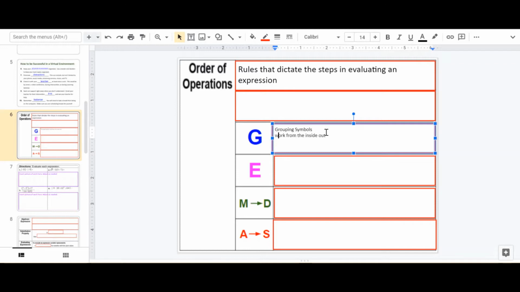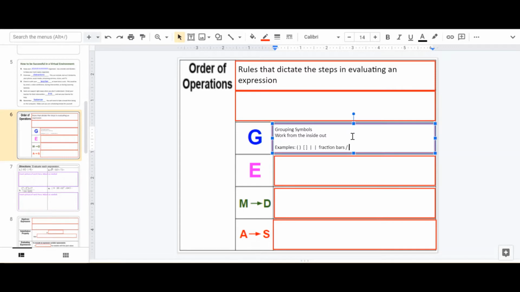And if you want to format this in a slightly different way, that's up to you as long as you have the correct information. And some examples of grouping symbols are parentheses, square brackets, we have absolute value symbols, which you can get by hitting the key above the enter button on your keyboard, and fraction bars, which I'll use a slash for.